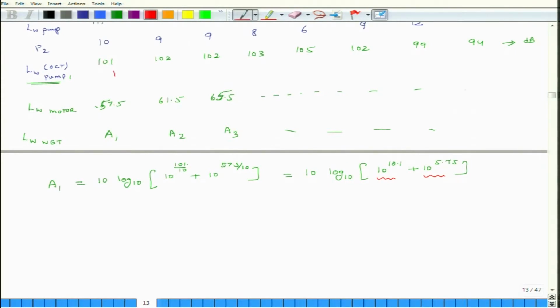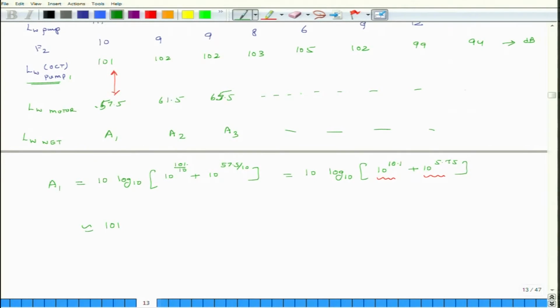Because the difference between these two is so large, roughly 40 plus decibels, when I add up the powers, it does not make a whole lot of difference. So it is approximately equal to 101 decibels.